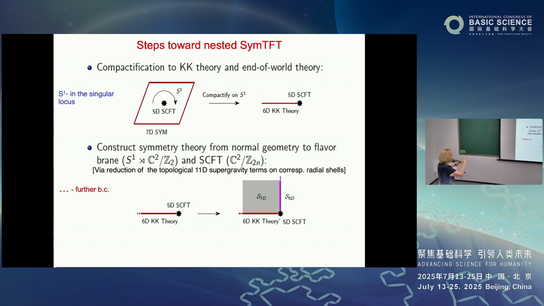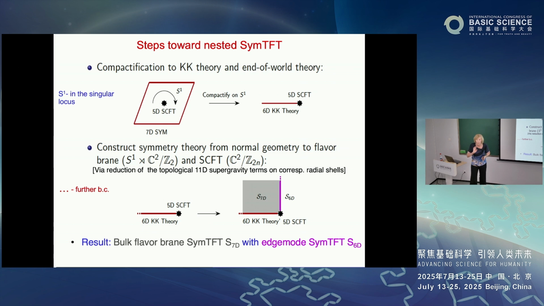Obtaining now via reduction in this normal geometry along the radial shells, the resulting 6-dimensional SymTFT, that would be the standard one that we would have had with just an isolated singularity, but now we are producing also over the flavor brane the one-dimension-higher SymTFT. And now this edge SymTFT of the defect theory imposes boundary conditions on this bulk SymTFT of the flavor brane itself. And we can actually study that at the level of constraining the spectrum of the theory.